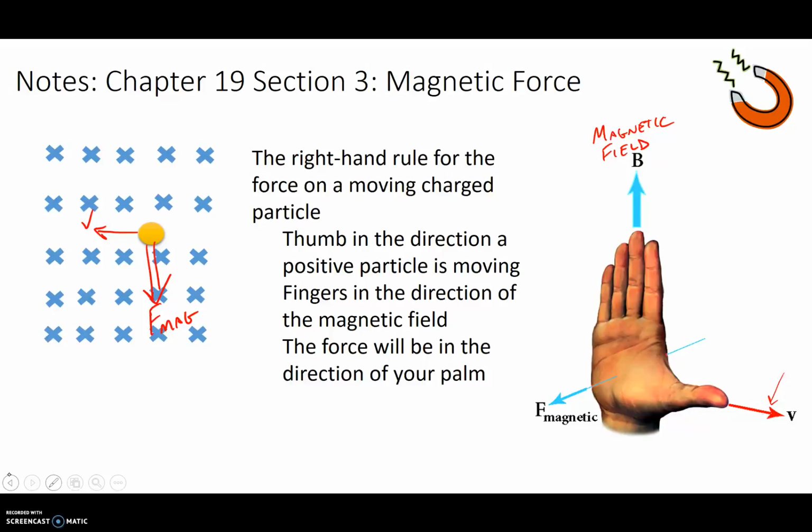Now, we can use this right-hand rule as long as we have two of those three possible things. We need the magnetic field and the velocity, the force and the velocity, or the magnetic field and the magnetic force, and we can figure out the velocity.